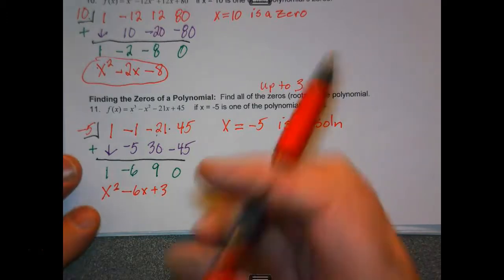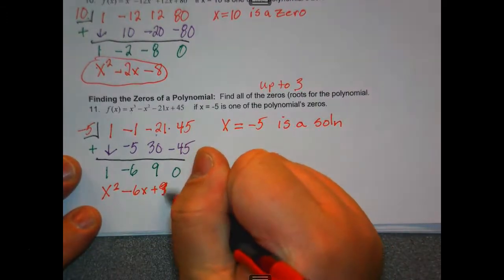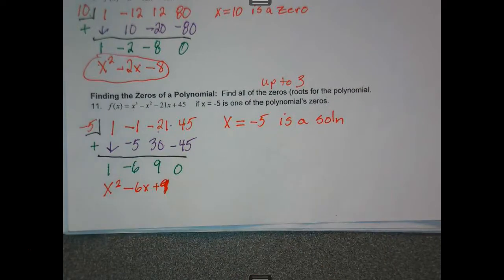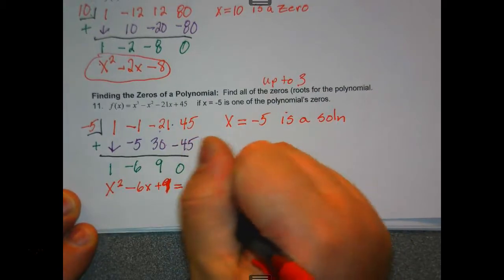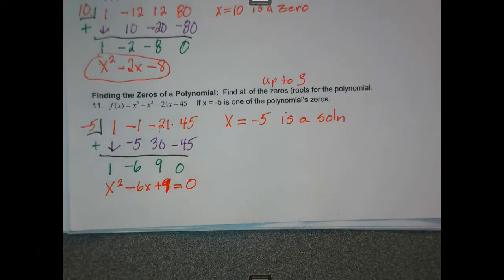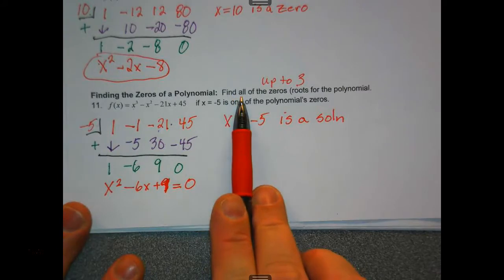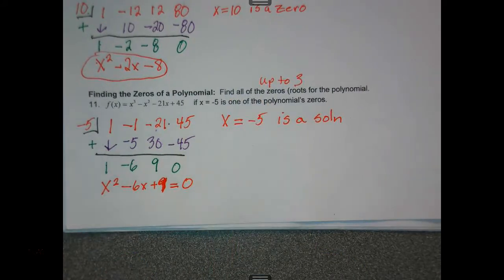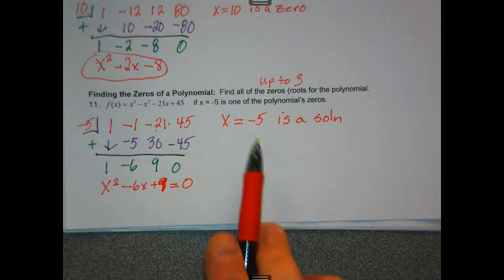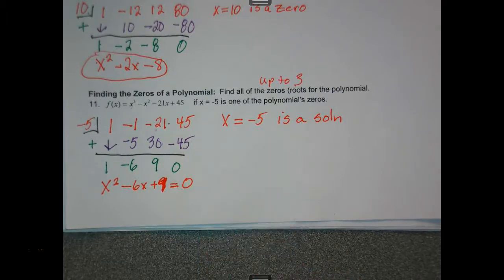Remember, we have to find the zeros. Yeah, because that's what it says. Find all of the zeros. We found one. In fact, we didn't really find it. They found it for us. We just confirmed. What would you think would be easiest at this point?